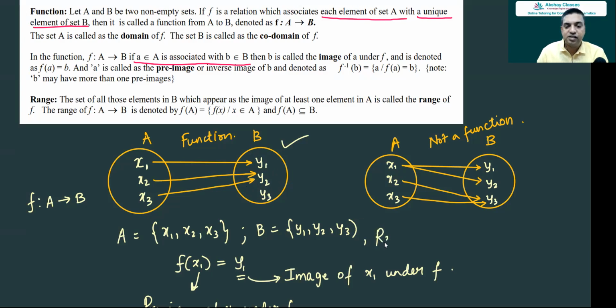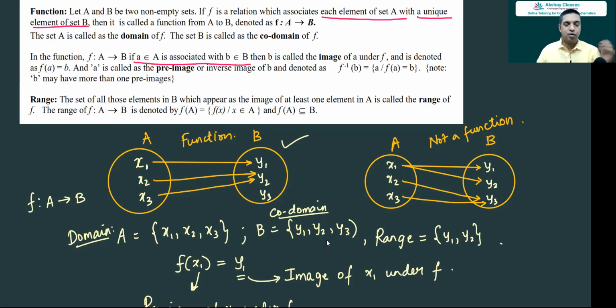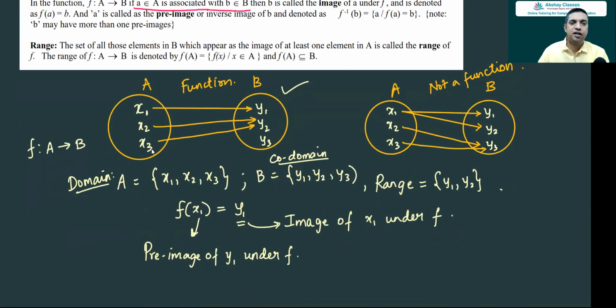So the range of f is y1, y2. The domain A is x1, x2, x3. The codomain B is y1, y2, y3, but the range is y1, y2.